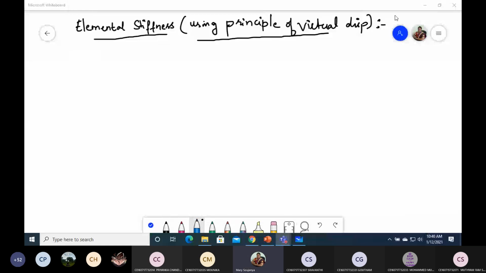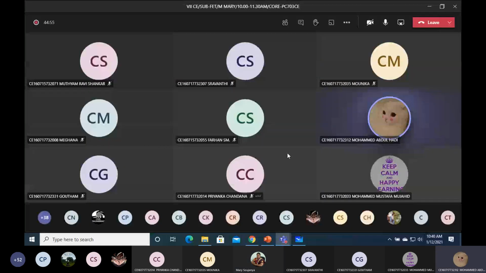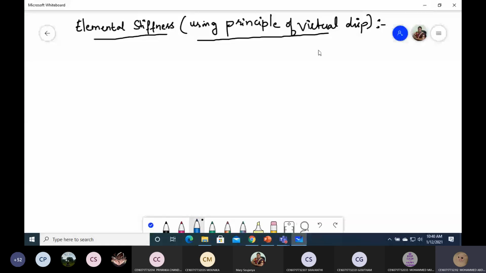Ma'am, a body is in equilibrium if the internal virtual work equals the external virtual work for every kinematically admissible displacement field. Right, kinematically admissible displacement field.